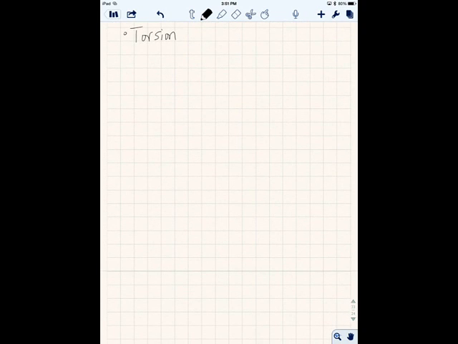All right, so torsion. Fundamentals of torsion, just a quick review. It's when you have a beam that's fixed at one end, and you set up your coordinates like this: x, z, and y.